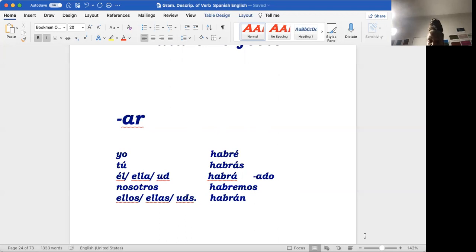Now, for the main verb, and the main verb in this instance is the verb hablar. Once again, get rid of that AR and then connect A-D-O, hablado. Habré hablado. I will have talked. Habrás hablado.